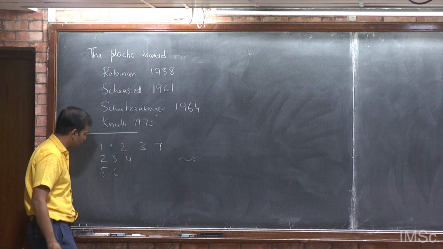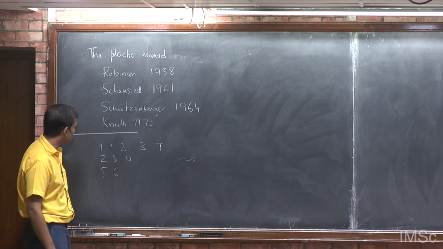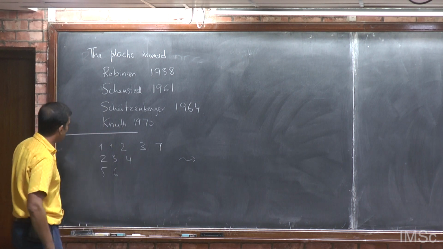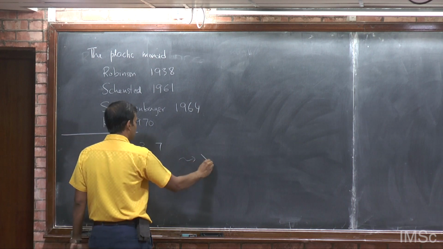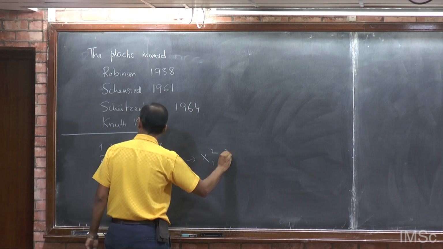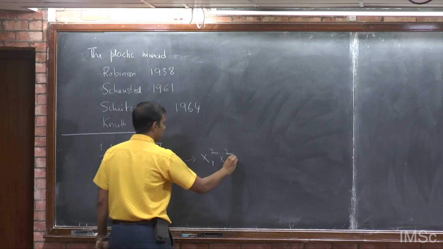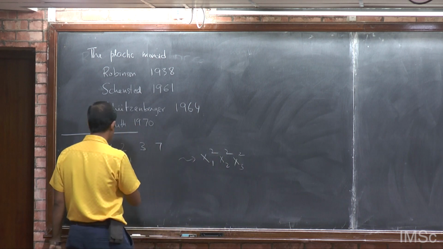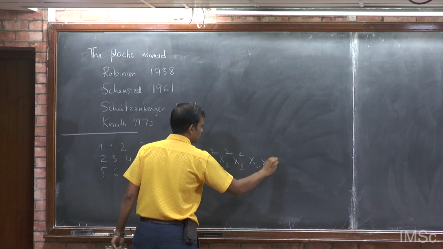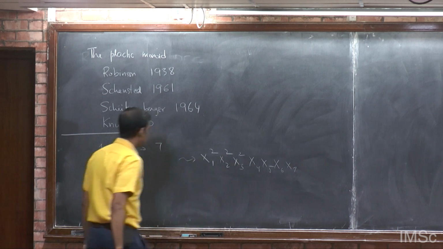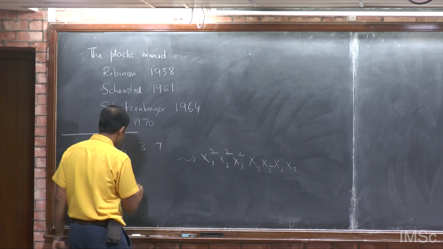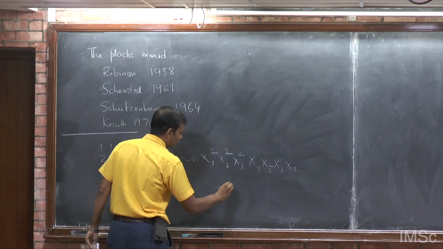Let us say we are using numbers from 1 to 7, then you will have 7 variables x1, x2, x3, x4, x5, x6, x7, and the monomial that you will associate to this tableau is x1 squared, because there are 2 1s, x2 squared again because there are 2 2s, x3 squared, x4, x5, x6, x7. So this is called the weight of this tableau. Okay, so if this tableau is T, then I will call this the weight of T.